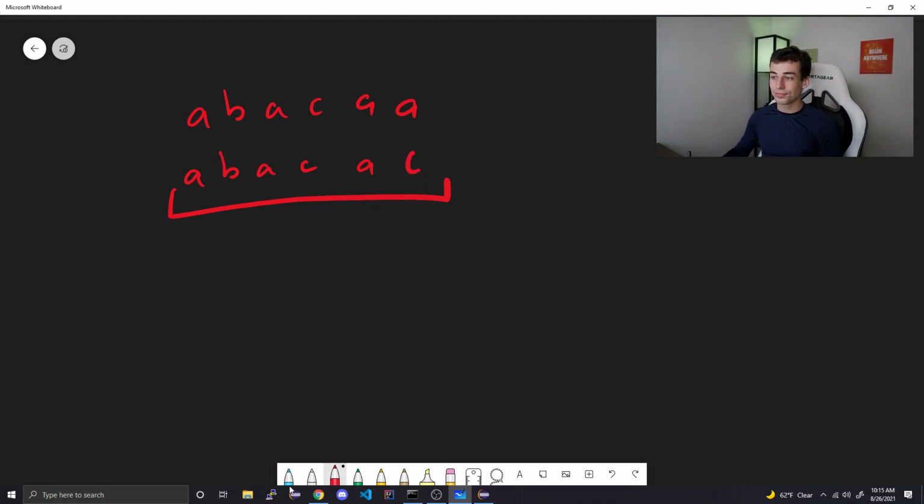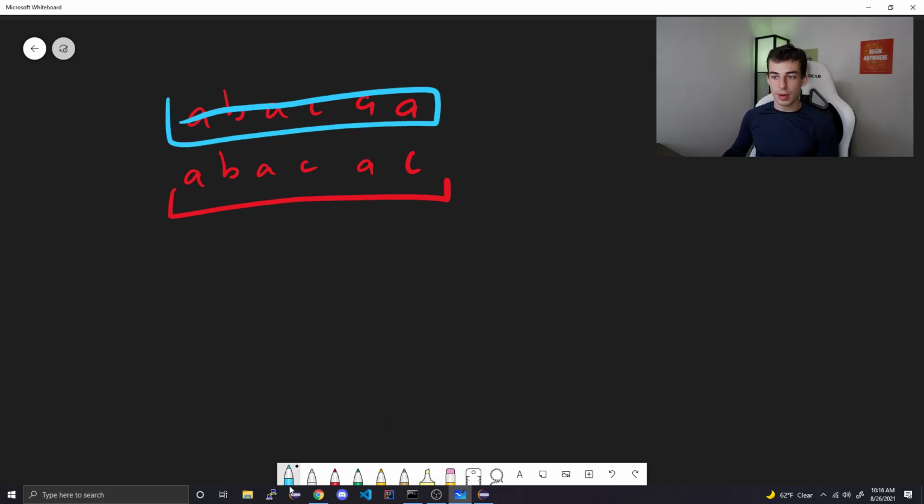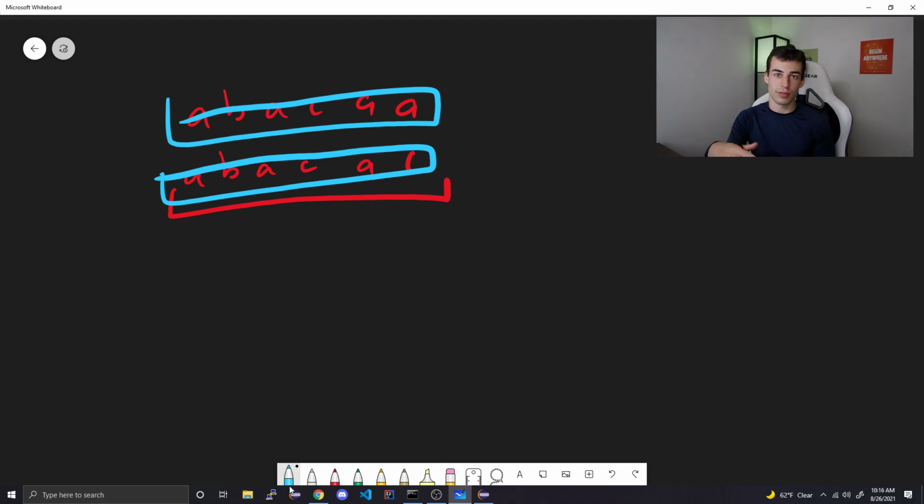Okay, so let's only look at the maximal length strings that we pick. So maybe we pick this string here, and then maybe we pick this string here, and then maybe we pick some set of substrings of these maximal strings. But let's only worry about the maximal strings we pick.